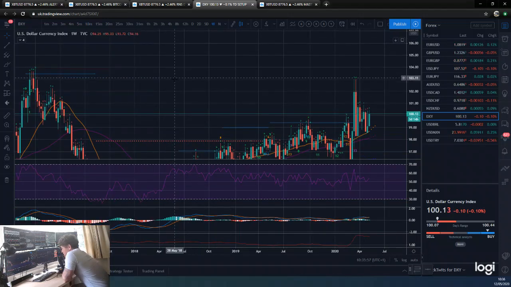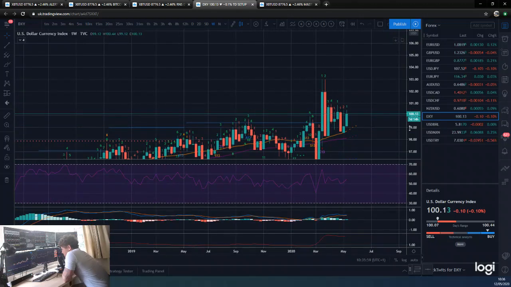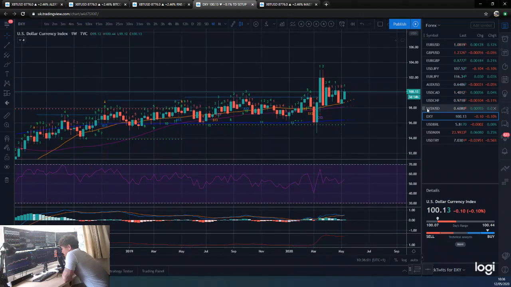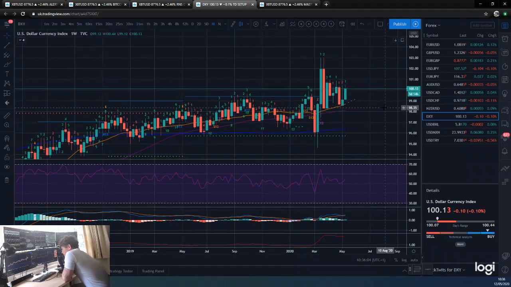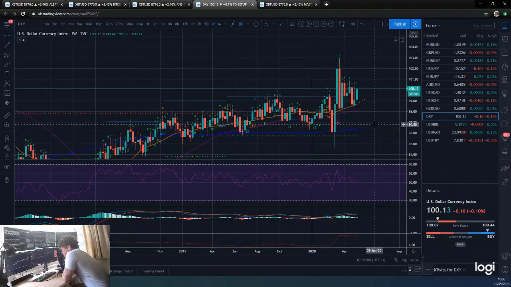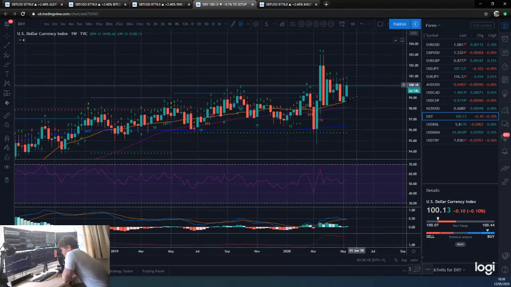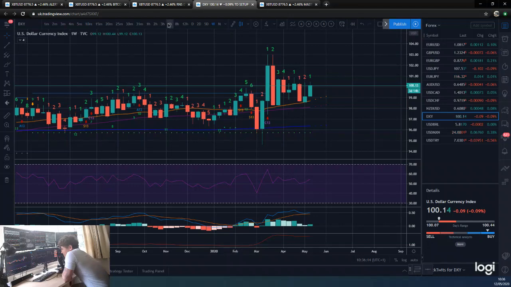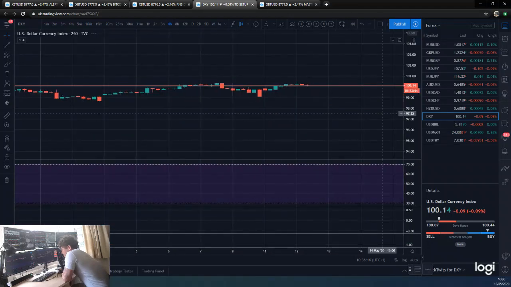I guess this is still the same 103ish level. So we can run, and this will be the catalyst. Being half of the cable and the euro US dollar trade, if this breaks up, then this will be the catalyst.